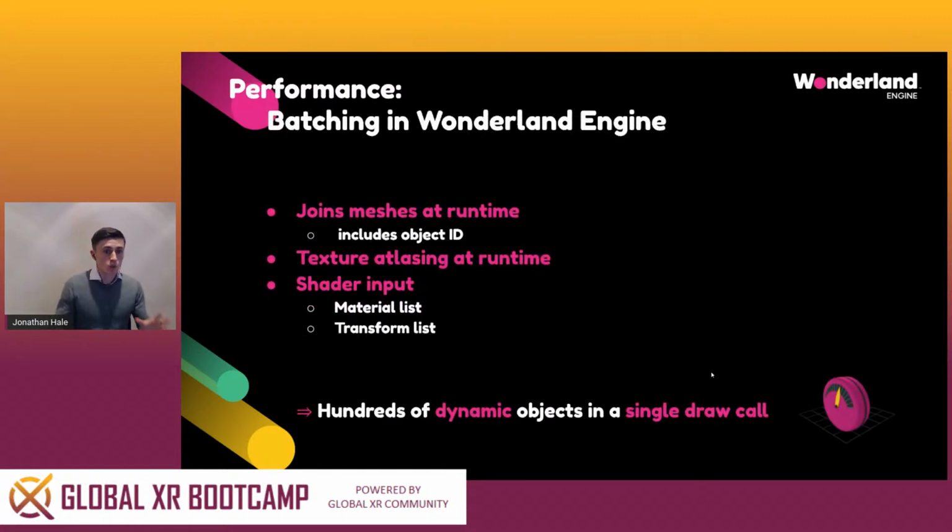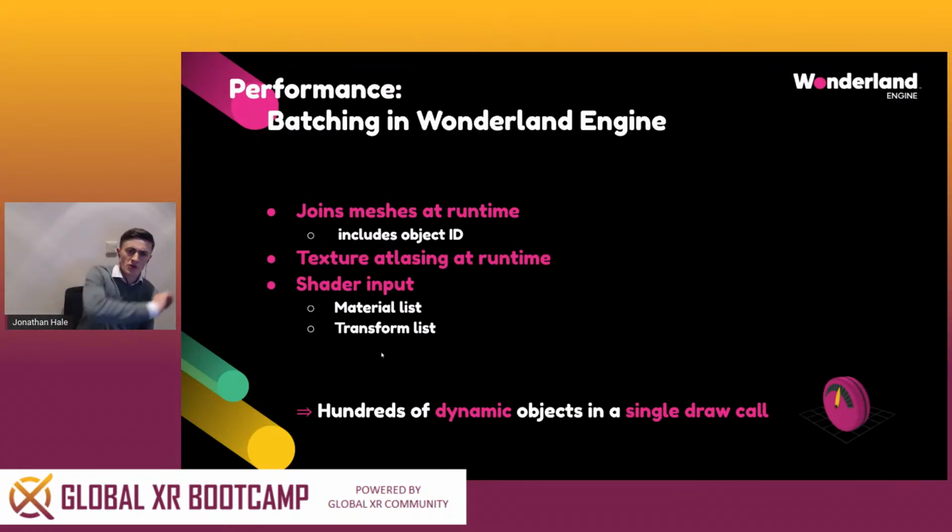In Wonderland Engine, we do have special shaders, though. We join the meshes with a so-called object ID, which is just a number for every vertex that indicates, okay, this vertex came from the sphere, and this vertex came from the cone, and this vertex came from the cube. And that allows us to pass a list of materials and a list of transformations to the shaders, which the shader can then use and be like, okay, I got object ID 0.